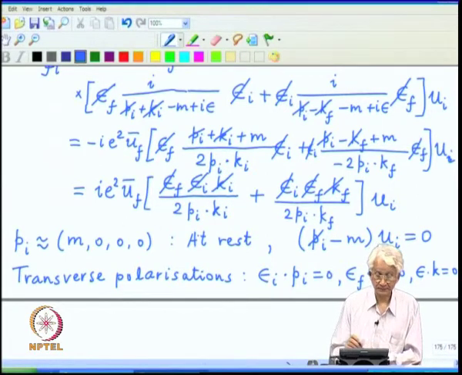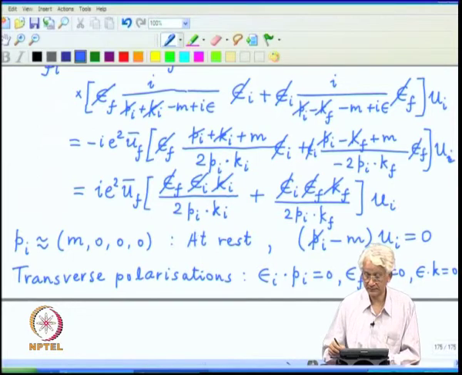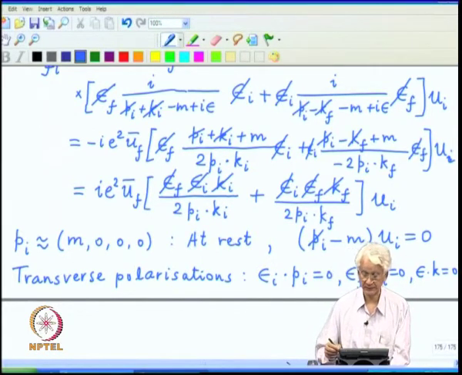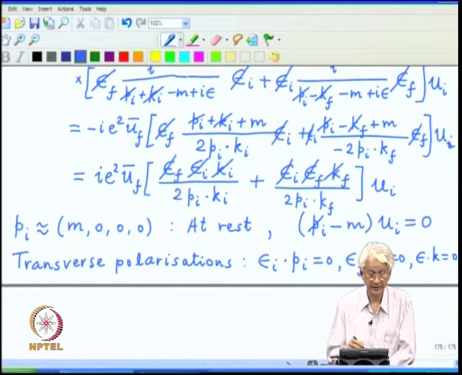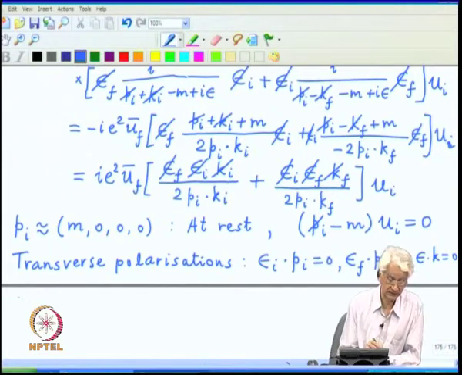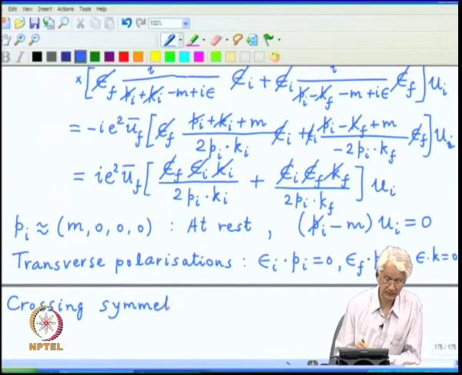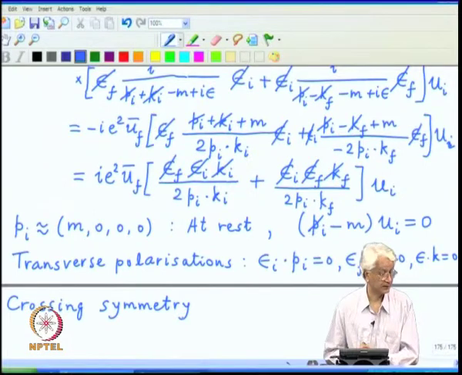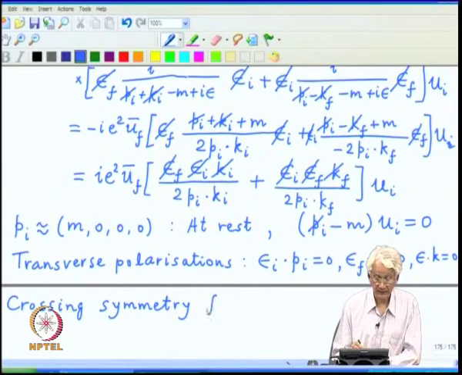In particular, there is this symmetry between the two contributions which comes from the two diagrams, and that is very obvious in this particular structure. It is something which I have earlier called a crossing symmetry, interchange of the two photons, where one of them is in the final state and the other one is in the initial state.